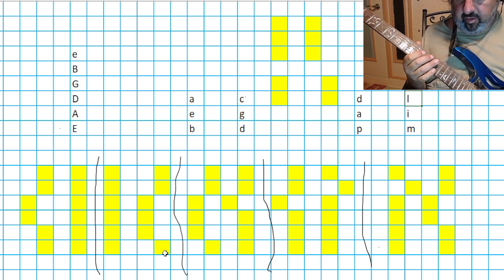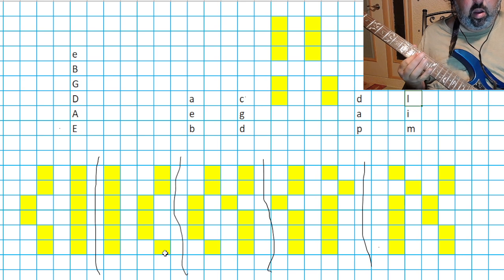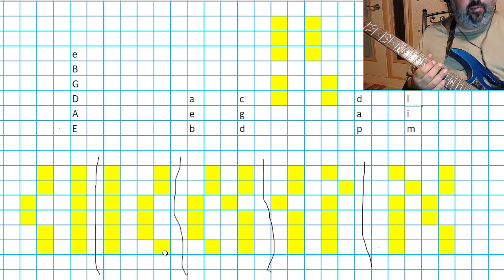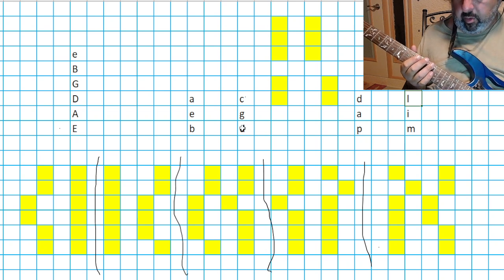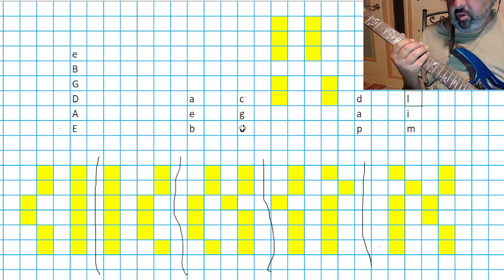Cage chord shape inside of there. Okay, so if I want to play with what we drew here, I would move that down to D major.